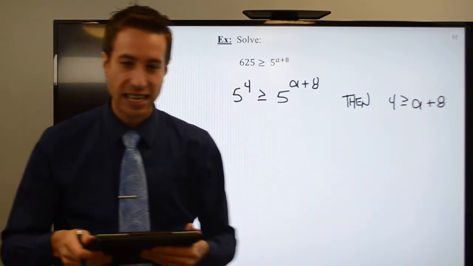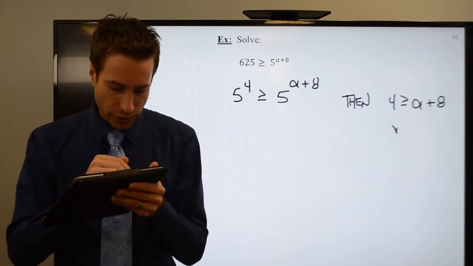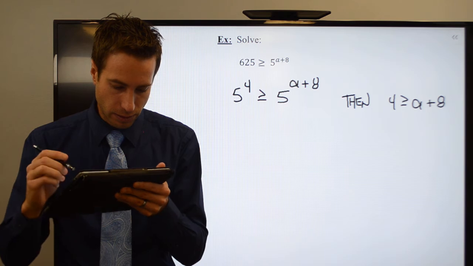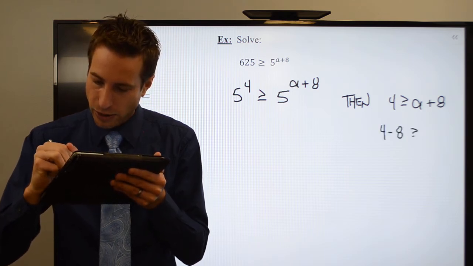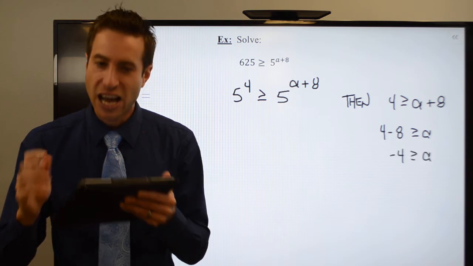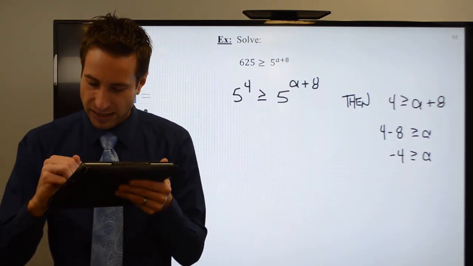Subtract the 8 to the other side, and what you wind up with, actually here, let me do this. I'll wind up with 4 minus 8 greater than or equal to a, which means minus 4 greater than or equal to a. Turn that guy around because we generally like our variable to be on the left-hand side.